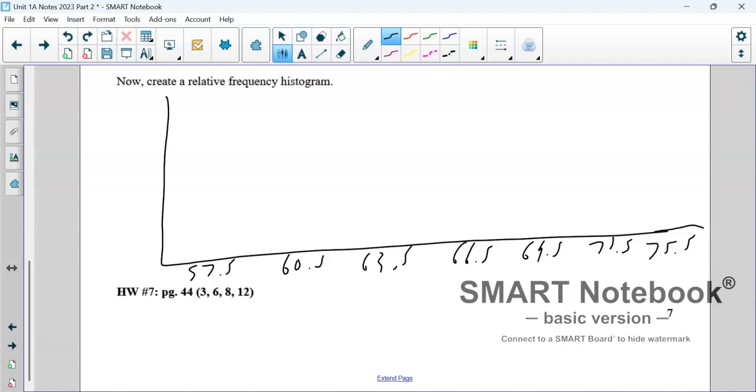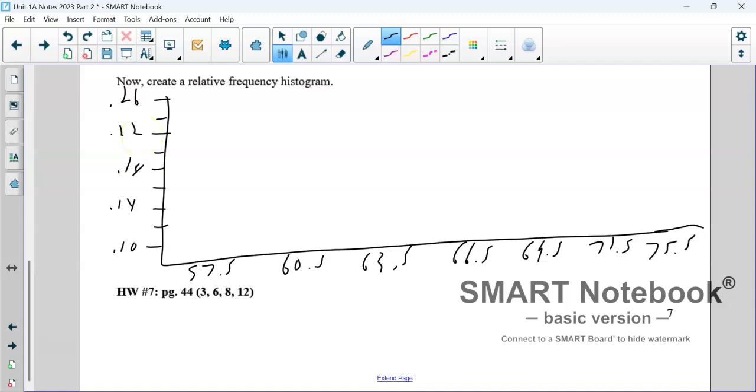Now, we went anywhere from 11%, 0.11 to 0.25. So let's just here put, let's say 0.10 and go up by 2s. So there's 10, 12, 14, 16, 18, 20, 22, 24, 26. And you can fill it in as much as you want. You can fill in as many of them as you want.